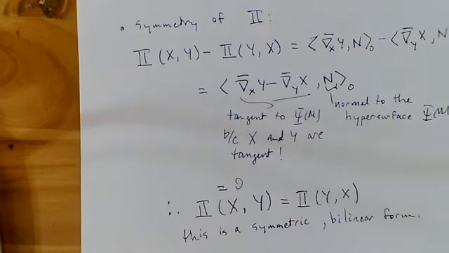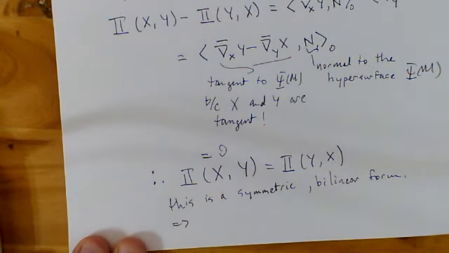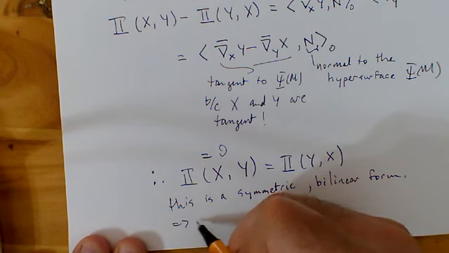And what does it mean that it's a nice symmetric bilinear form? Therefore, it is orthogonally diagonalizable.